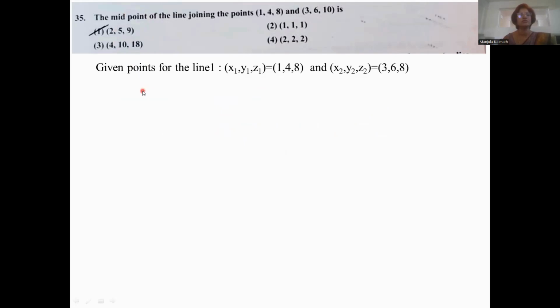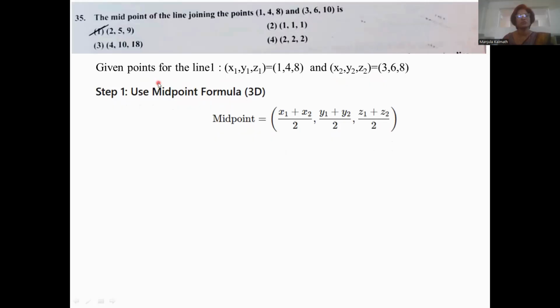Then the next question is: the midpoint of the line joining the points 1, 4, 8 and 3, 6, 10. The given points for the line are x1, y1, z1 equals 1, 4, 8 and x2, y2, z2 equals 3, 6, 10. The formula for the midpoint of the line is x1 plus x2 divided by 2, y1 plus y2 divided by 2, z1 plus z2 divided by 2.